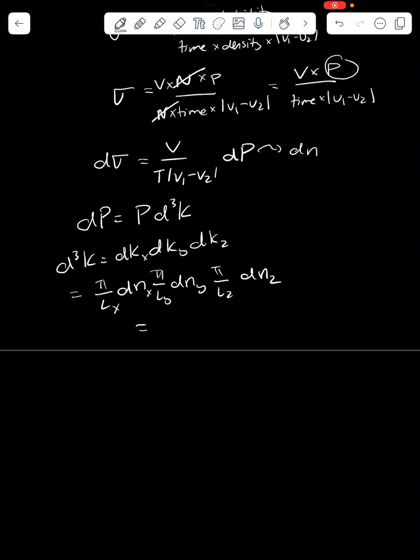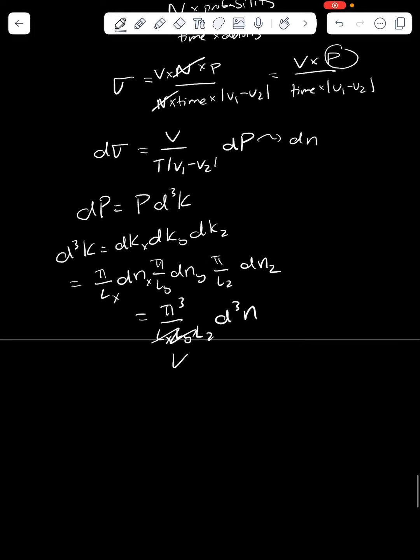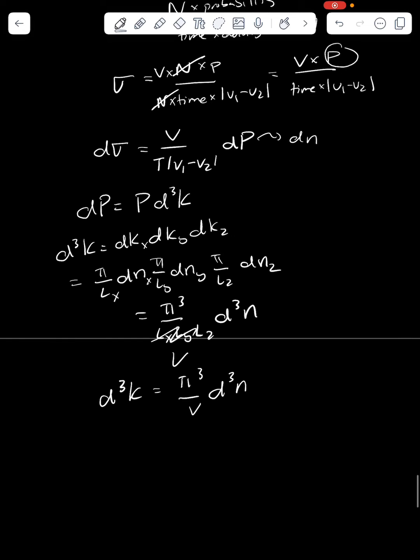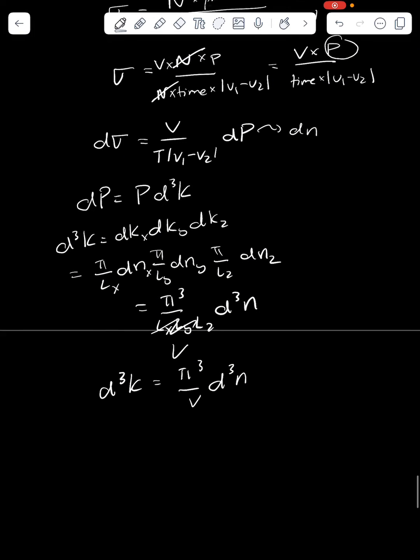And that can be written out as pi cubed over Lx Ly Lz, and then this over here. And this is just going to be the volume, right? So we have that the momentum differential is just pi cubed over the volume times the infinitesimal mode number.